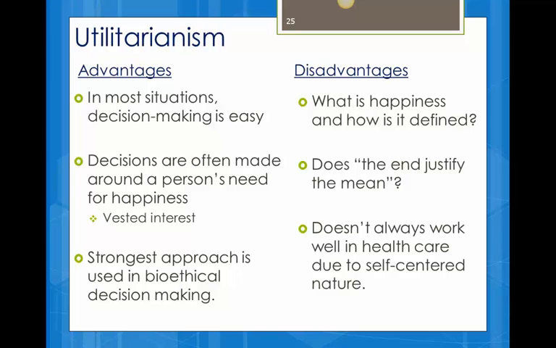You're not just going to do something that's going to harm you or inadvertently distress you. This is potentially the strongest approach used in bioethical decision making, because the individual determines which actions will lead to the greatest ratio of benefit versus harm for all the persons involved in the situations.